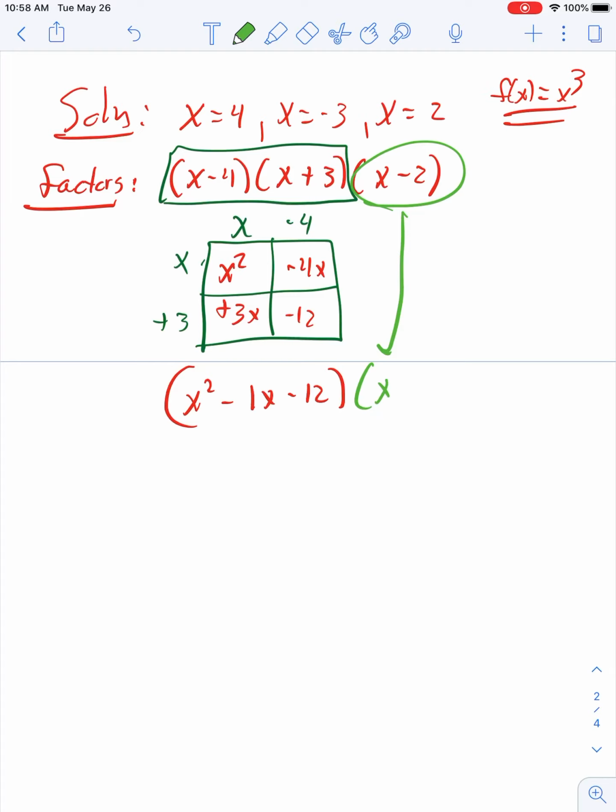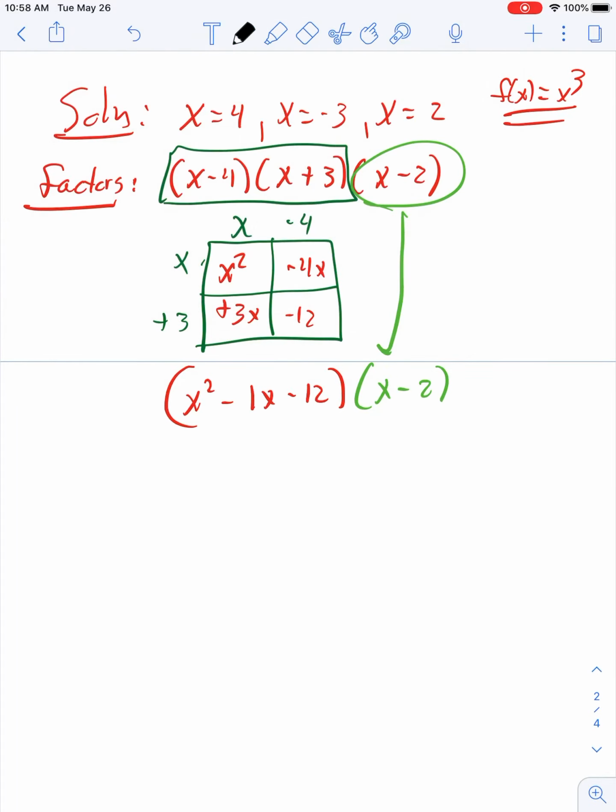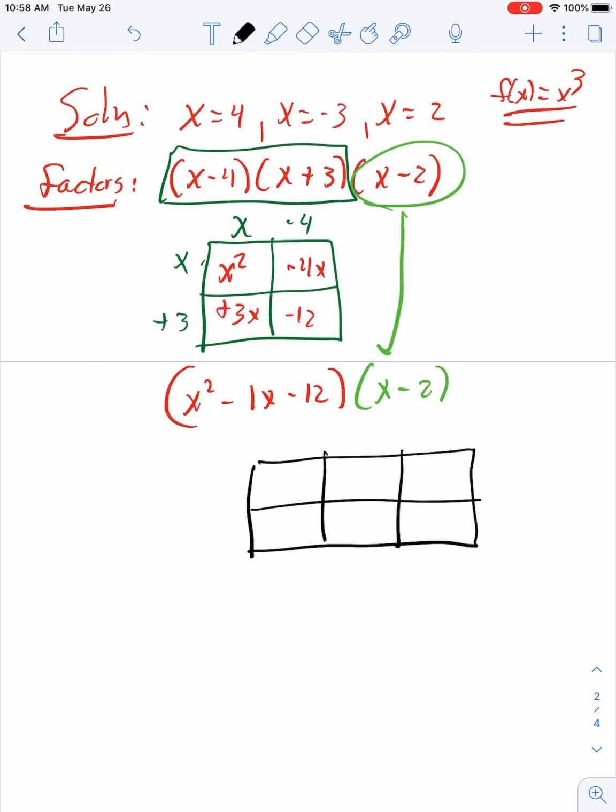Now, let me change here. Bring this one down and create a 2 by 3 box to get my final answer. So I have x minus 2, x squared minus 1x minus 12.